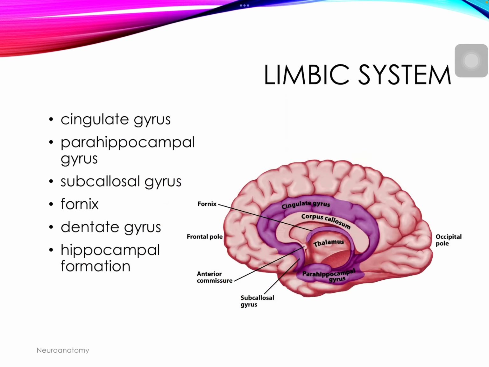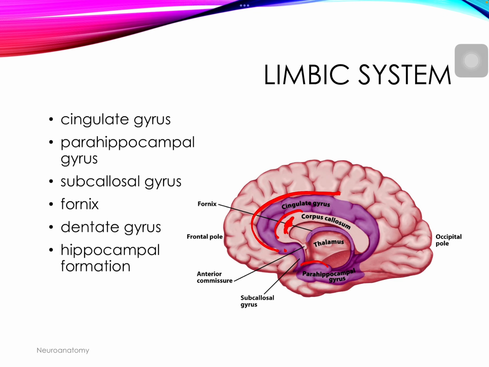Now, if we look at the limbic system, it is a system that's important for emotion and for memory. It has some really important structures that aren't visible when you have the brain out and just sitting there. You're not going to be able to see these subcortical structures. So we have the cingulate cortex here. The corpus callosum right here is what connects the two hemispheres together, not included in this.